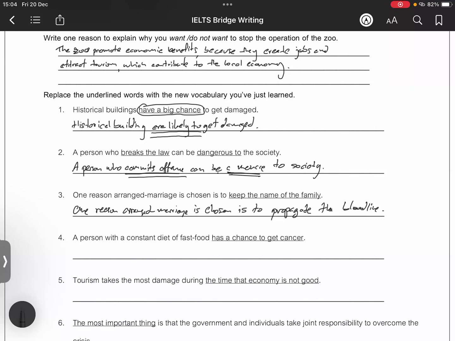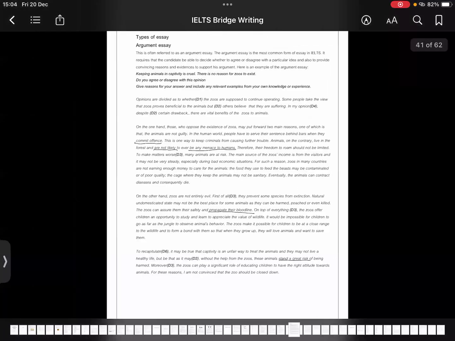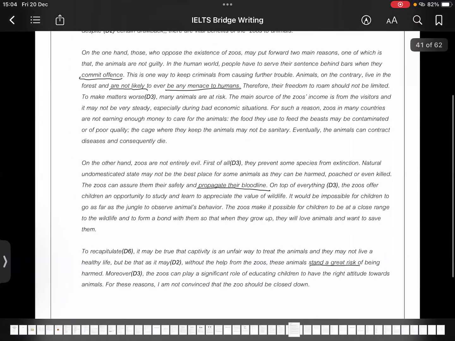Okay. Next, a person with a constant diet of fast food has a chance to get cancer. Again, if you look at the previous page, we could use stand a risk.